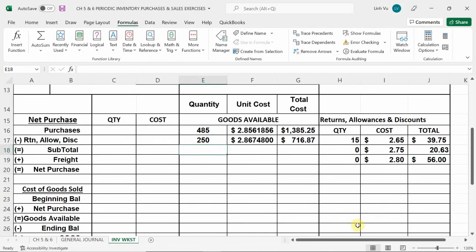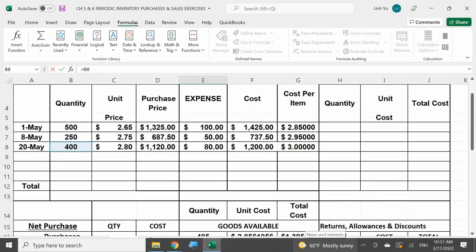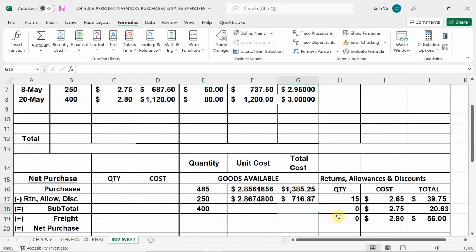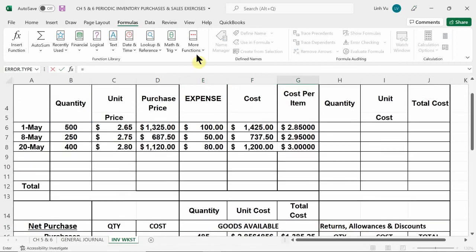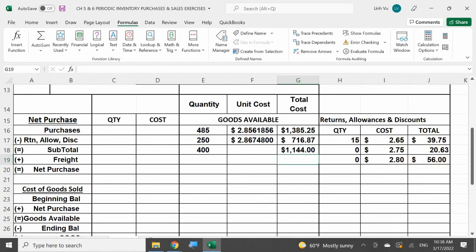So this very last batch of inventory, we paid at a discounted amount. We still purchased 400 units. However, we discounted it by $56. So take my $1,200 minus my $56 to get a grand total of $1,144 even.